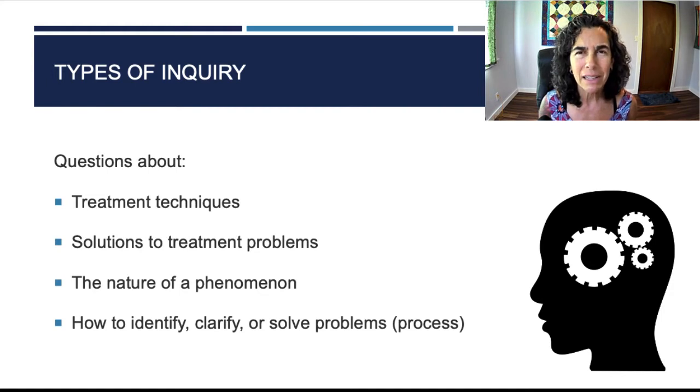So that's not a treatment problem, but it's definitely a healthcare problem and an OT-based issue, and the nature of a phenomenon, right? And then also how to identify, clarify, or solve problems. So something about the process of OT.